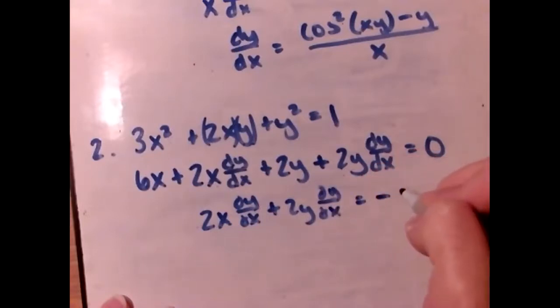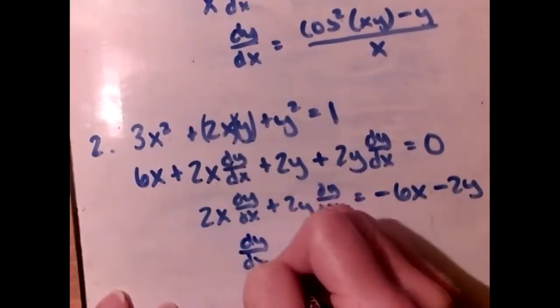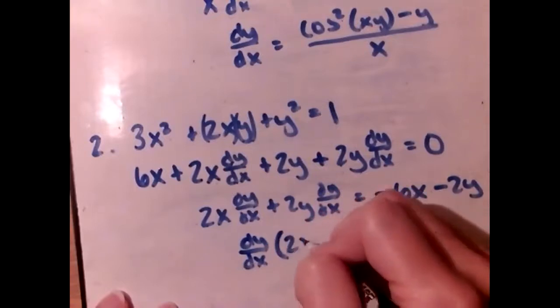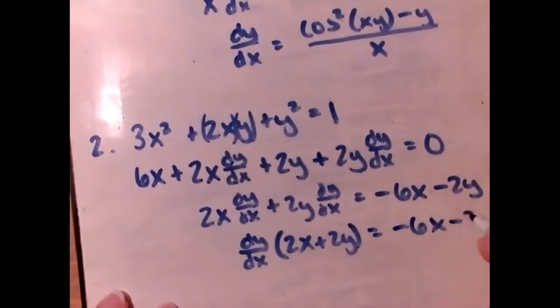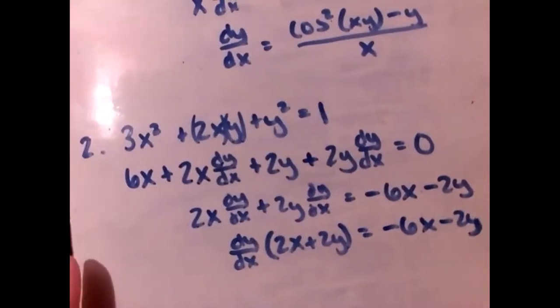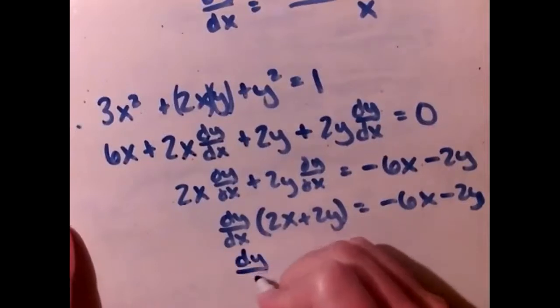So I'm going to subtract over the 6x and subtract over the 2y. And then I'm going to factor dy/dx out. And then we're going to divide this over to the other side.